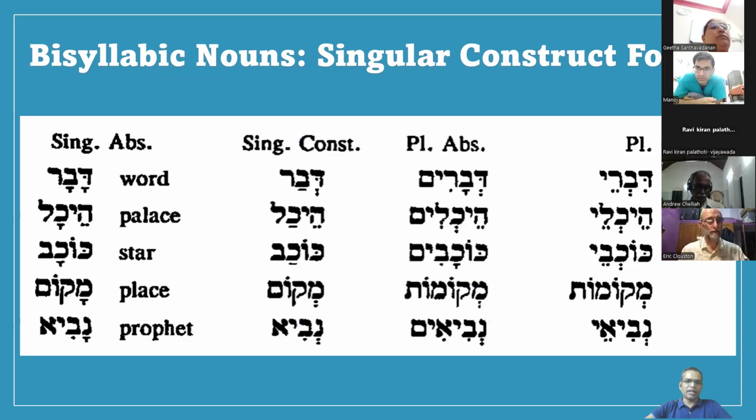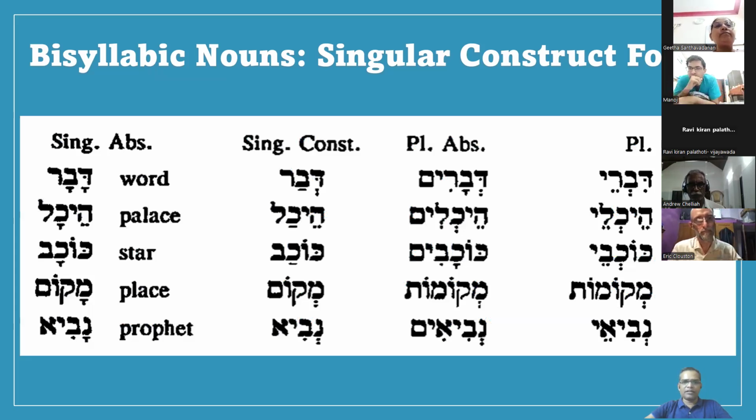Kokav, it is not becoming Kekav. It is still Kokav only. Makom, the second syllable is unchangeably long vowel. It is not reduced. So Mekom. Navi, Nevi. The second syllable is unchangeably long vowel. Ekal, the first syllable is carrying unchangeably long vowel. So in the construct state only, the second syllable's long vowel has been reduced to a short vowel.